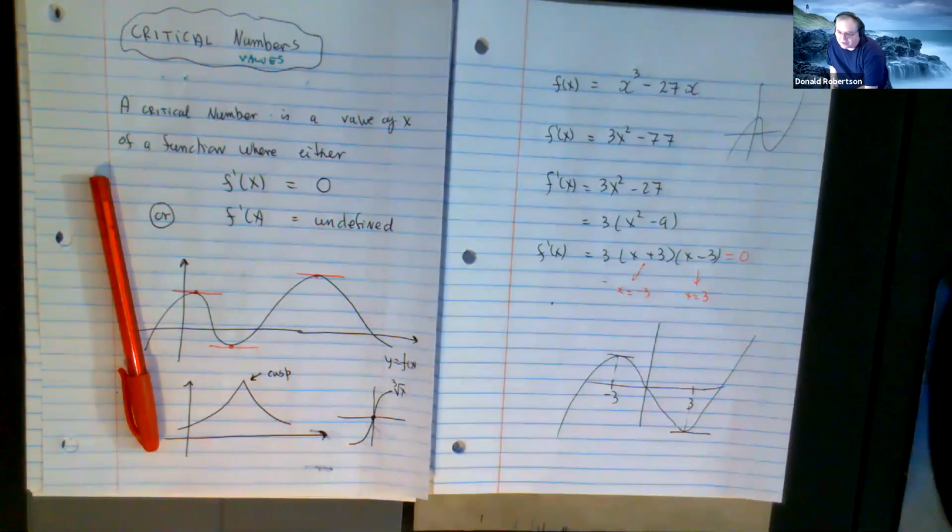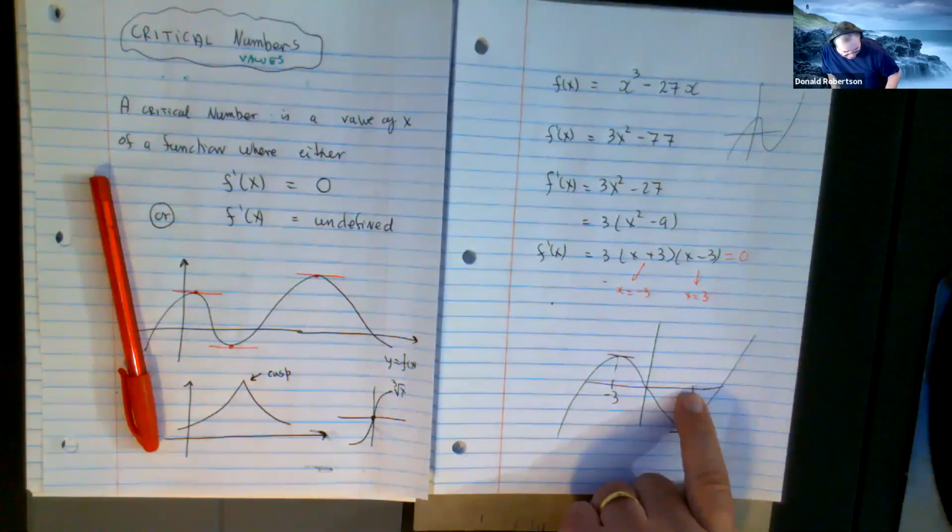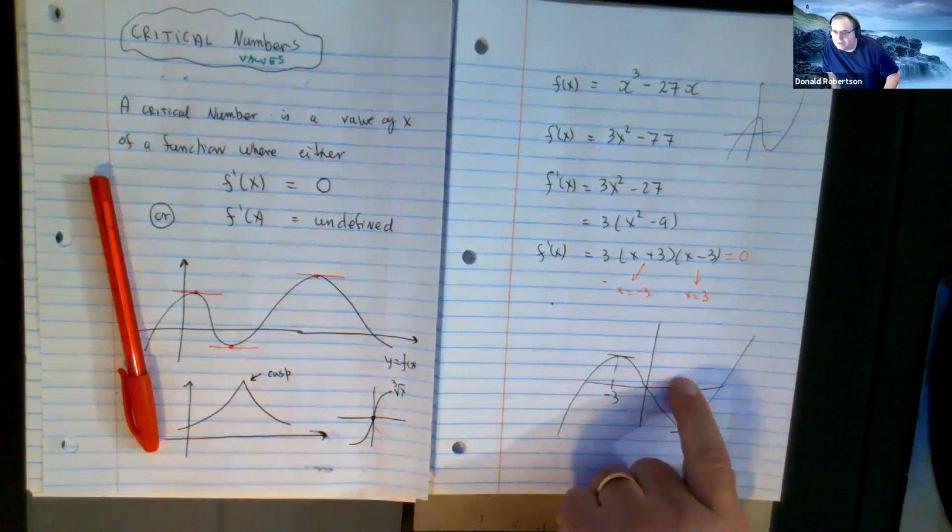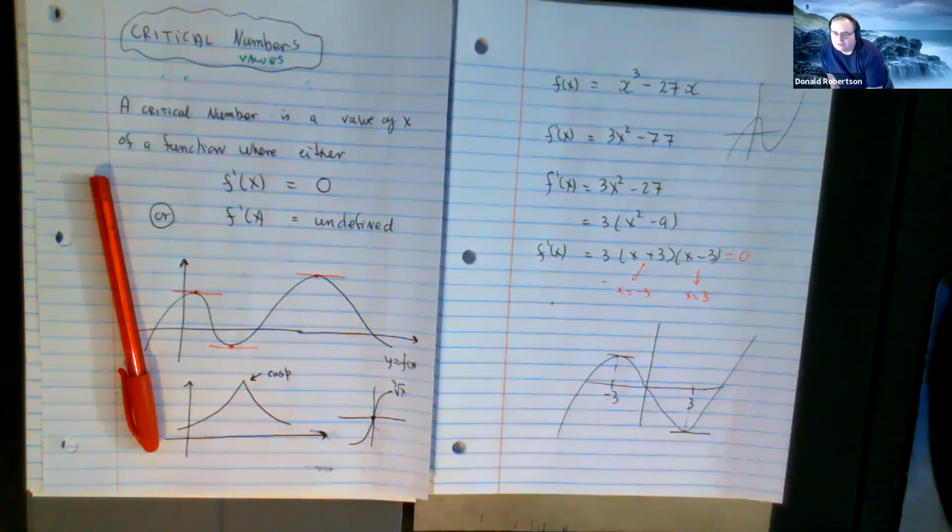Can you see that we've identified the local max and min on the cubic function? And therefore, shouldn't I be able to find the local max and min? Wouldn't the local max be the value of the function at -3 and the local min the value of the function at +3?